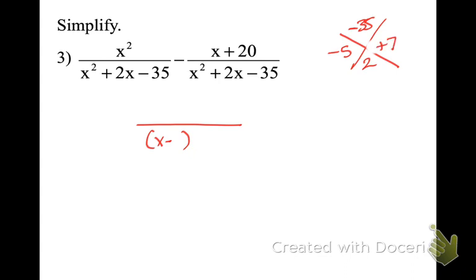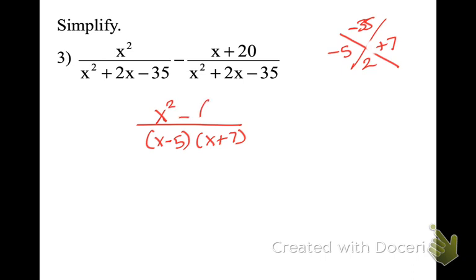So what is it going to be, Dion? It's going to be x minus 5 times the quantity of x plus 7. Good. Okay. And then in my numerator, Scarlett, what is it going to look like? It's going to be x times the quantity... no, oh, x squared minus x.